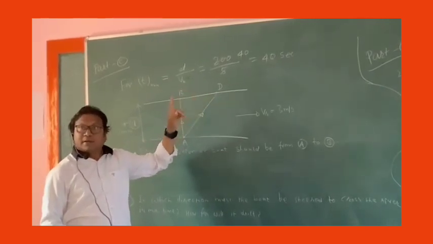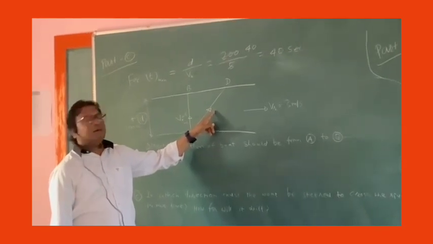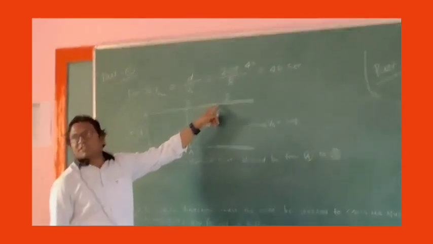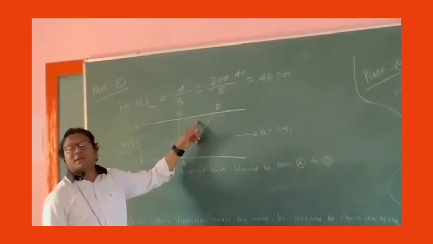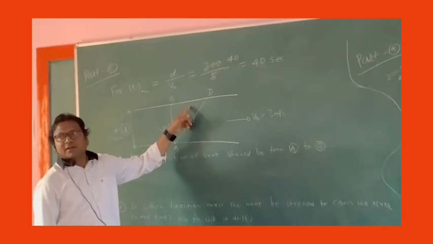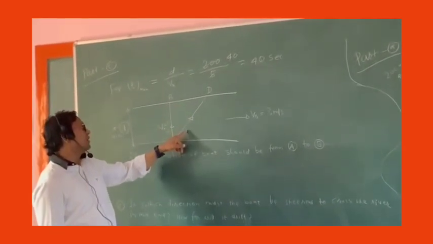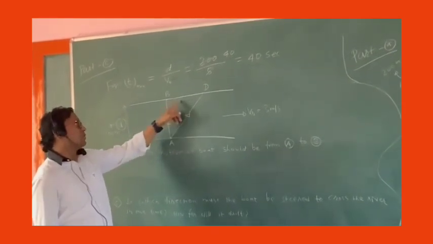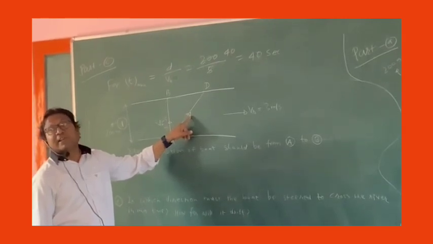But within these 40 seconds, drift is what? This distance is BD. So BD distance has also been traveled or drifted in this 40 seconds, because all the 3 distances are traveled in 40 seconds.